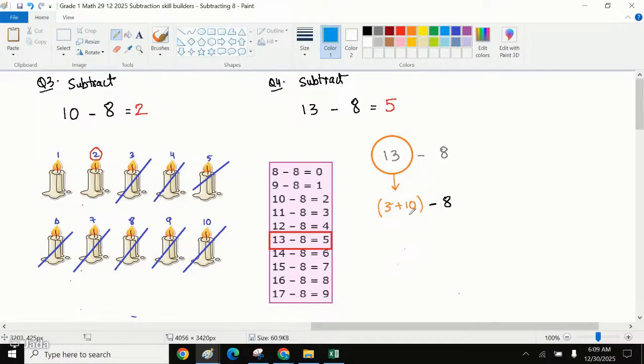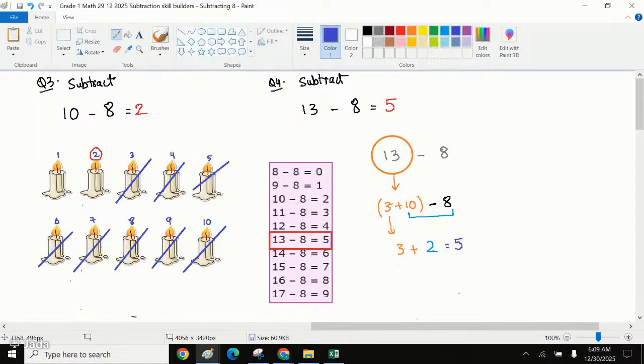So can we subtract 10 minus 8? What is 10 minus 8? 10 minus 8 is 2, right? And this was plus 3 as it is. 3 plus 2, we know that 3 plus 2 would always be equal to 5.